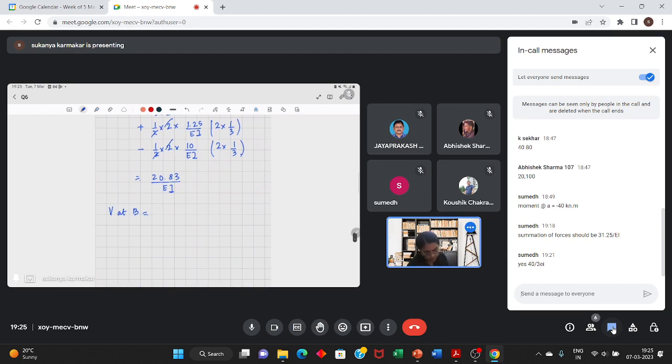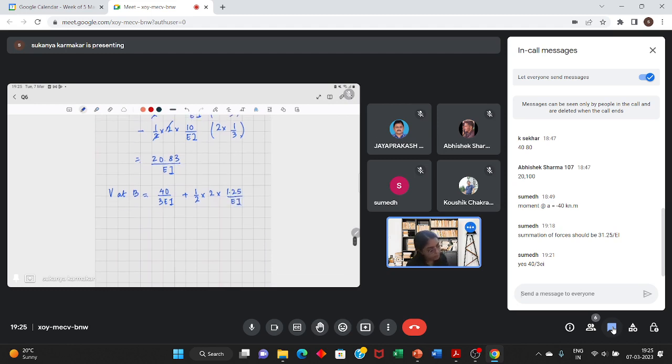It will be, the reaction RA is 40 by 3 EI plus half into base into height, which is 1.25 EI, minus half into base into height 10 by EI.